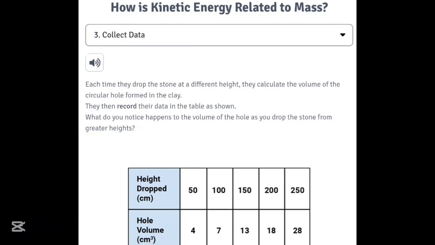Each time they drop the stone at a different height, they calculate the volume of the circular hole formed in the clay. They then record their data in the table as shown.